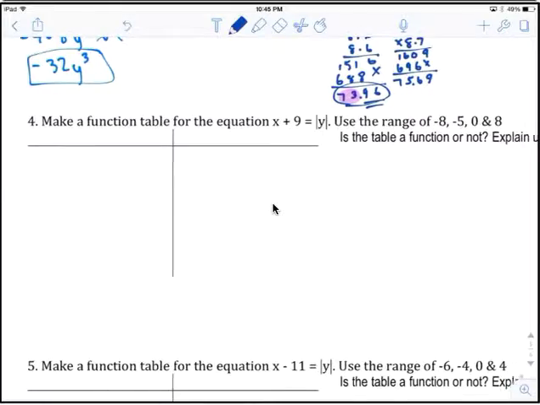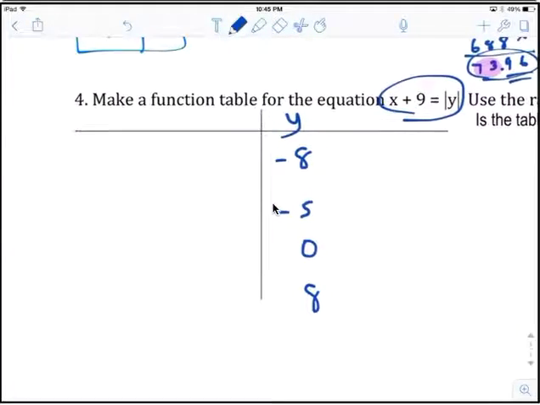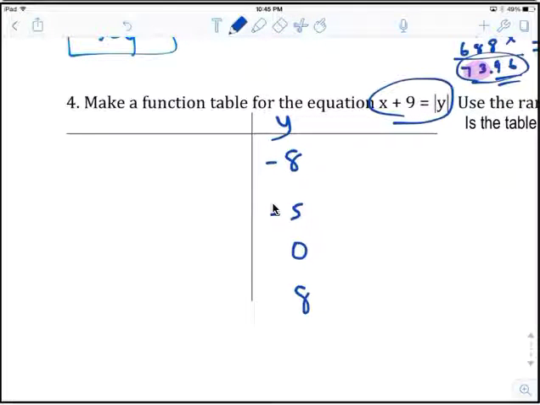Okay, use the range of this for this one. So range is y. So you get -8, -5, 0, 8. So you got that equation. You're finding x, domain. So x plus 9 equals the absolute value of -8. Because it's x plus 9 equals absolute value of y.